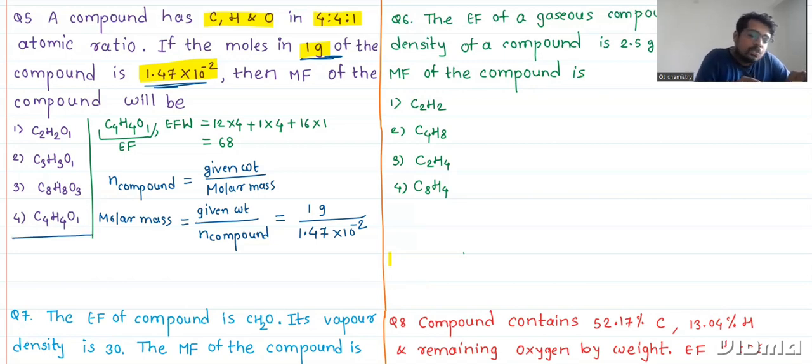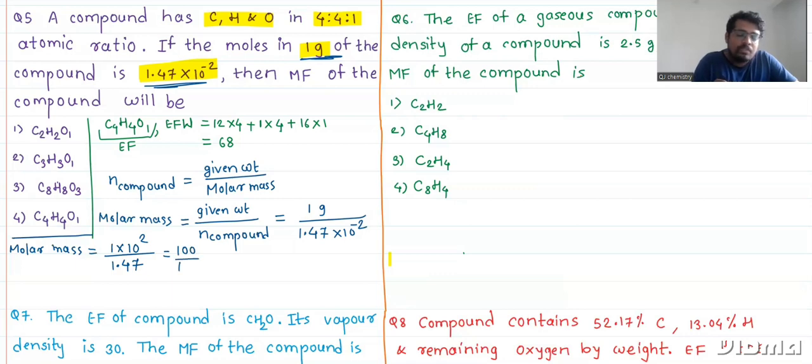Molar mass is equal to 1 into 10 to the power minus 2 taken to the numerator becomes 10 to the power 2, divided by 1.47, which is equal to 100 divided by 1.47, that is 10,000 divided by 147.